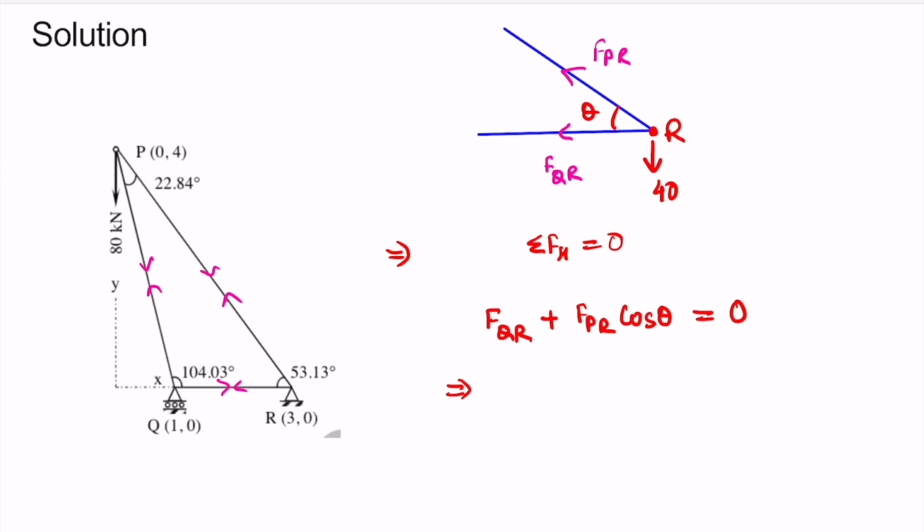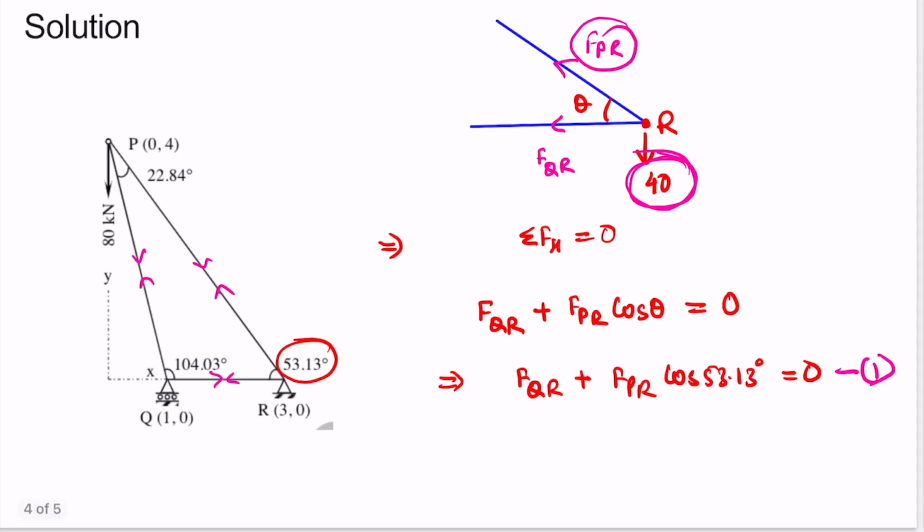So the value of theta is given to us as 53.13 degrees. So let's put it here, FQR plus FPR cos 53.13 degrees equal to 0. Let's call it equation number 1.